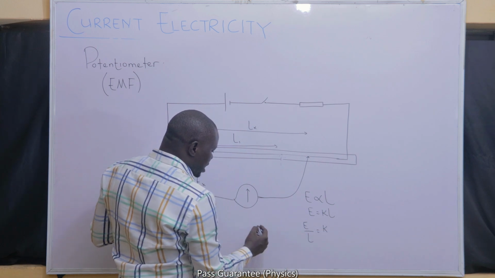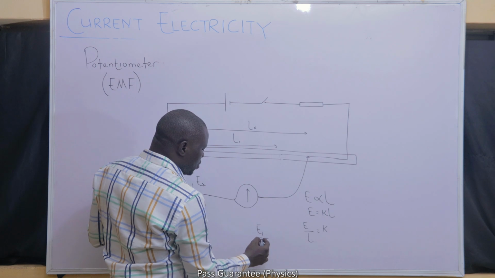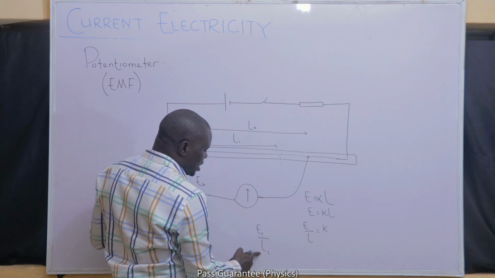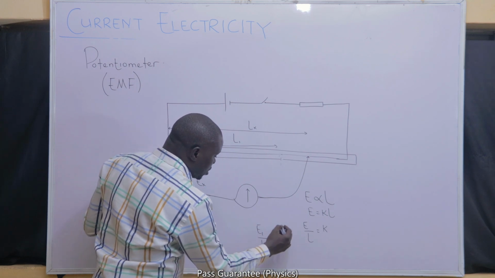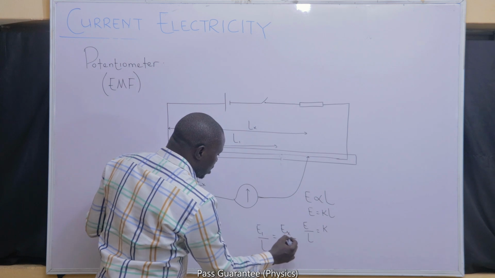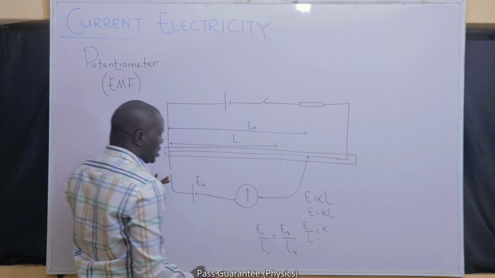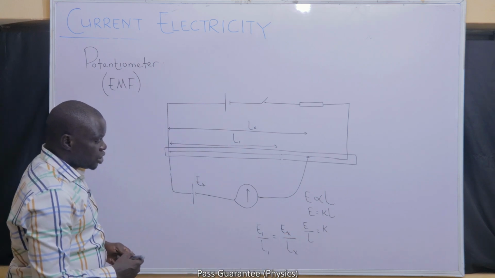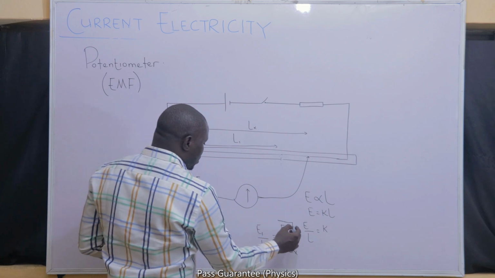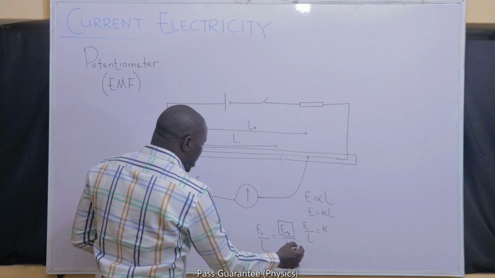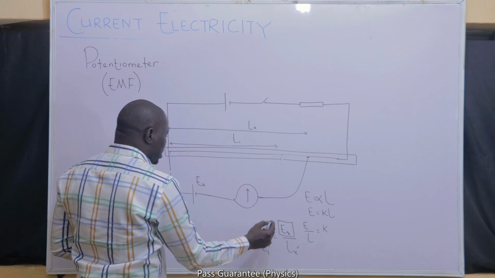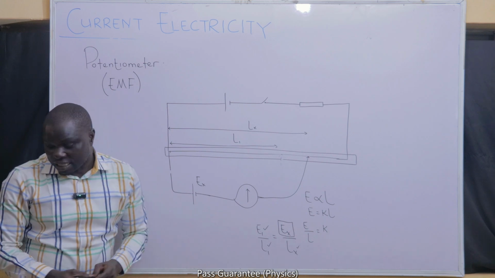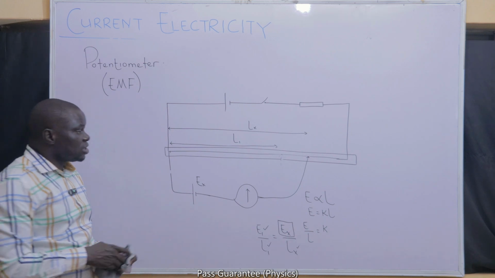So I can now say that E1 all over L1, the cell that I used before and the L that I got before, must be equal to EX all over LX. And that is the equation that will give me the EMF of the cell that I want to determine, if I know the other 3 values that I used in that equation.